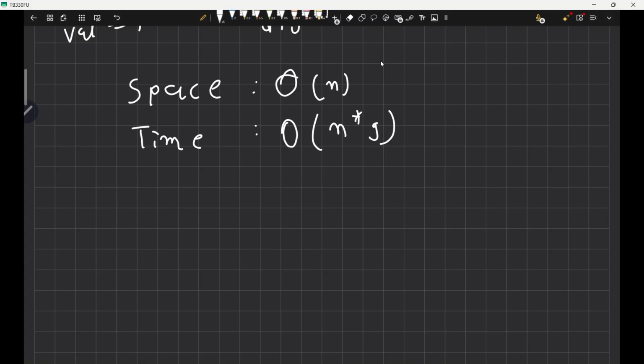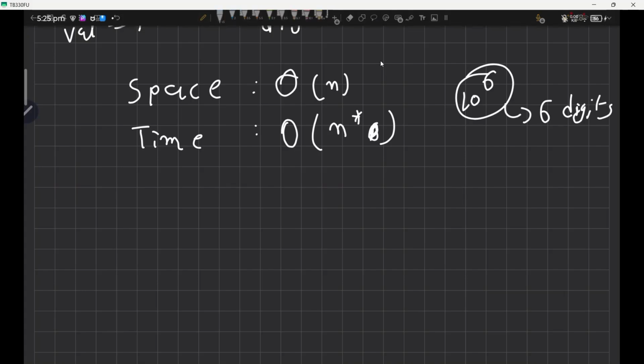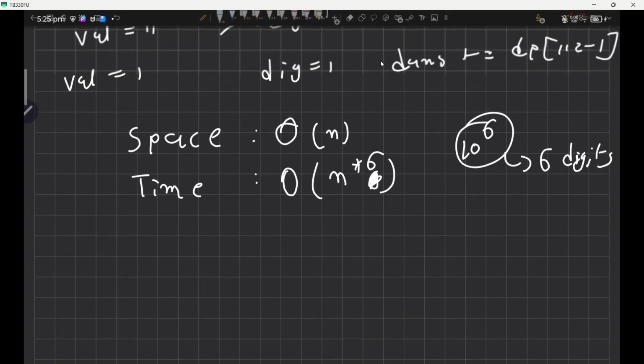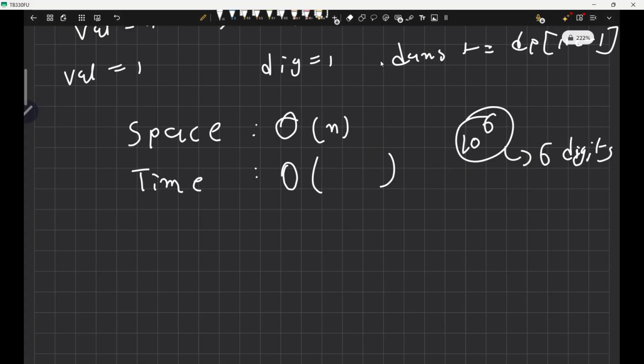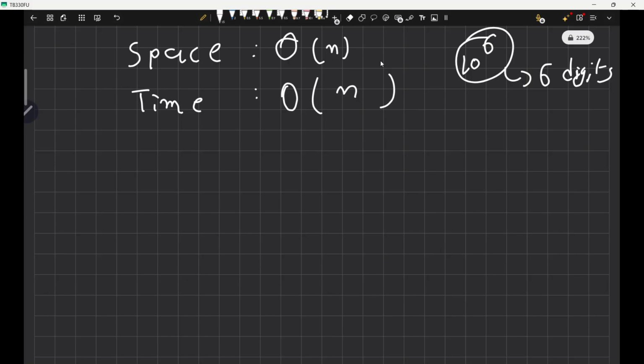So how to find this: how many states are there, and per state how much time it takes to find the value of this state. There can be 9 possible different cases. But initially n is 27, so there can be only 2 digits. Exactly, but you can write it as O of n only. So that was it. That's easy.